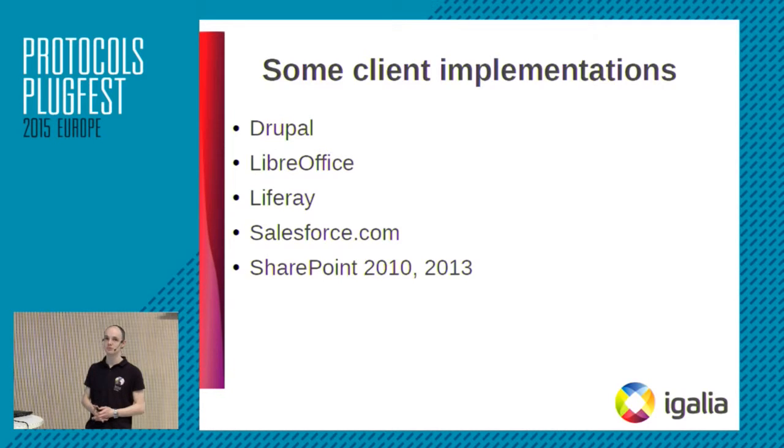You have open source ones like Drupal, LibreOffice, and SharePoint is here too because it also can act as a CMIS client, for example, and it can access seamlessly to contents available in a different ECM that implements the CMIS protocol.